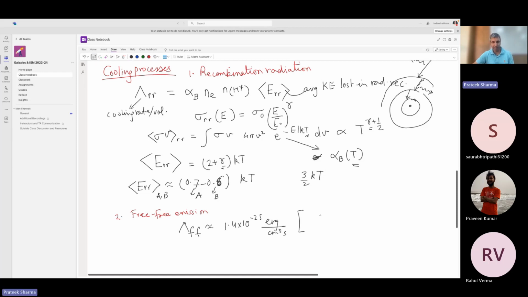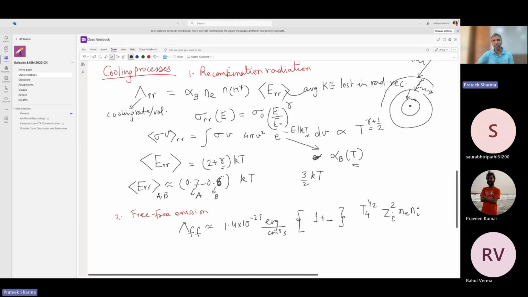And then there is some quantum correction, which is small, so I'll just ignore it. So there's 1 here, 1 plus something, which is small. And then T4 to the 1/2 Z_i squared n_e n_i.